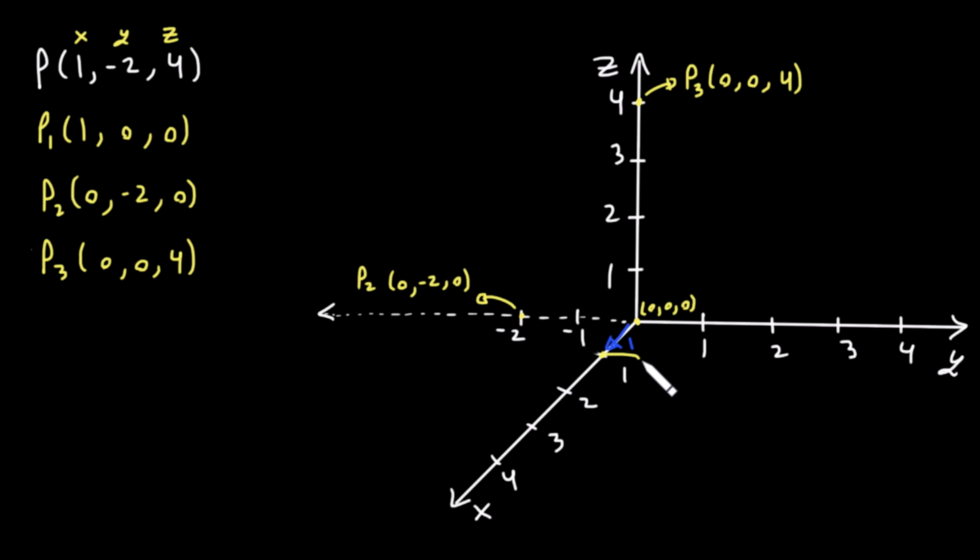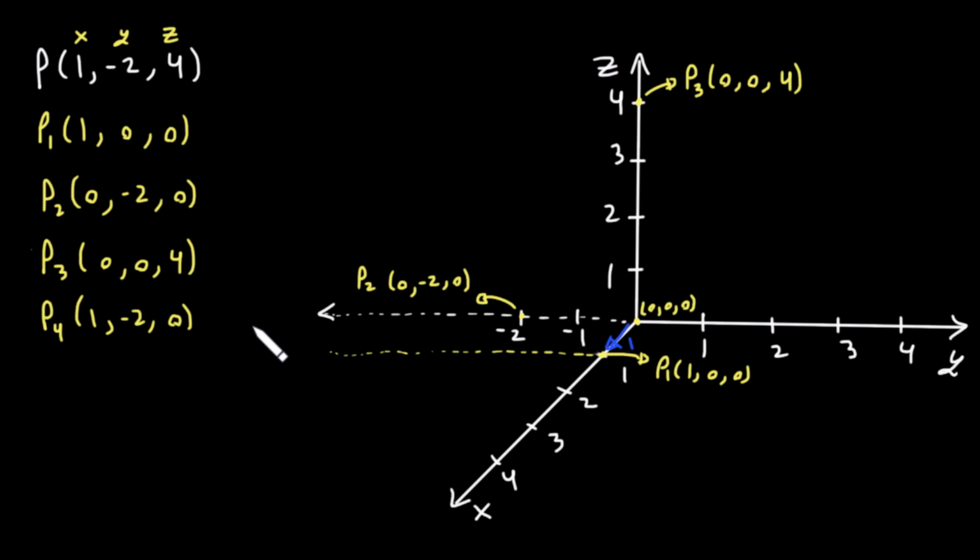Again, this point represents P1, which is 1, 0, 0. From this point, as we have said, we draw a dashed line parallel to y-axis like this. Why have we drawn this dashed line? Because we want to plot this point, which is P4, which is 1, -2, 0.